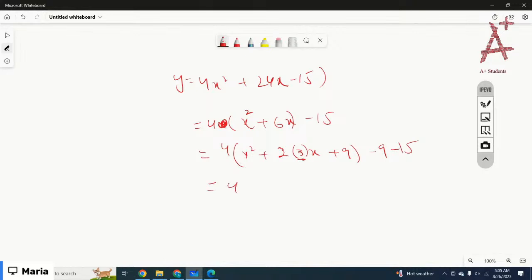So it would be 4 times x plus 3 whole square, negative 9 minus 15 is negative 24, I think.